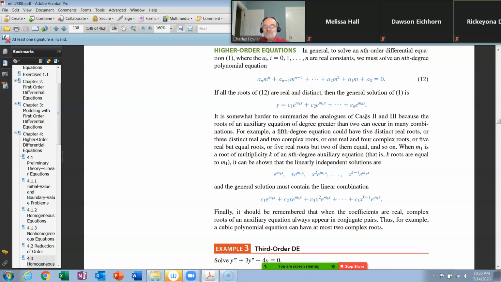Then what you have to do for that case is, if you have 4 repeated roots, where m sub 1, m sub 2, m sub 3 and m sub 4 are all the same, then you have c1 e to the m1x plus c2 x e to the m1x.